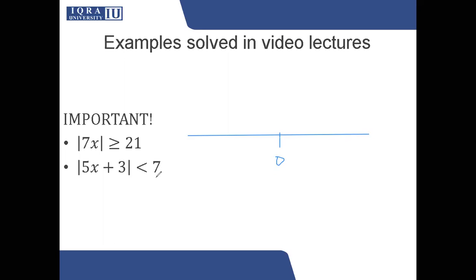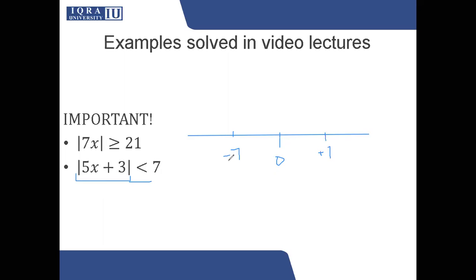So what we want here is that we have this certain expression, 5x plus 3. It's not important what the expression is. What you need to realize in the first step is that the distance between this certain number and 0 has to be less than 7, right? So we'll take the number minus 7 here and plus 7 here.